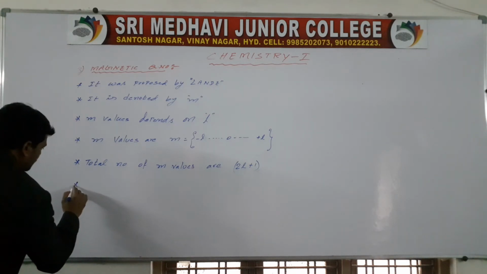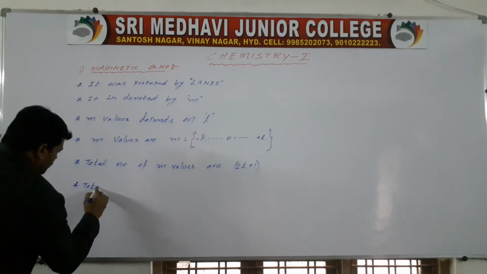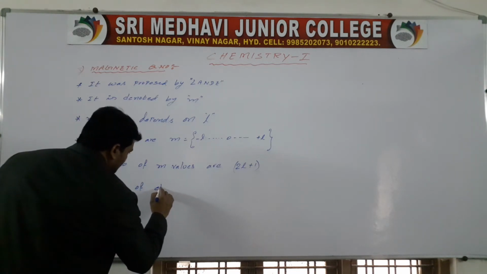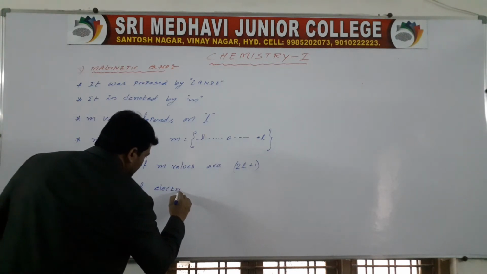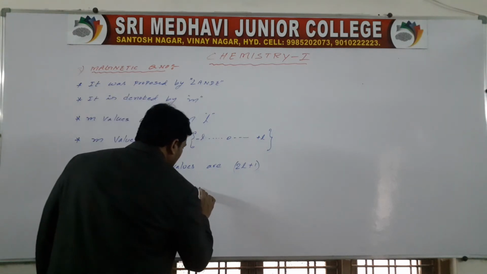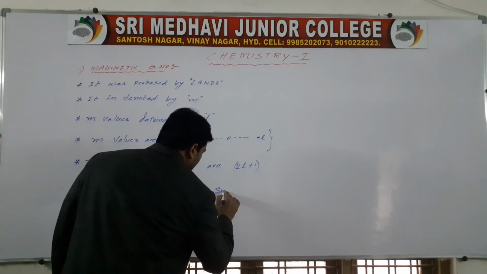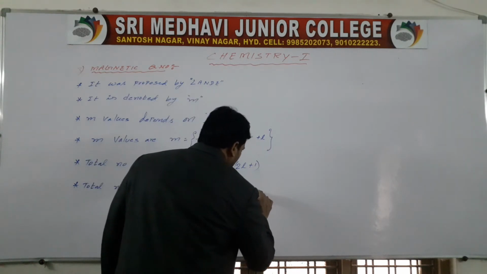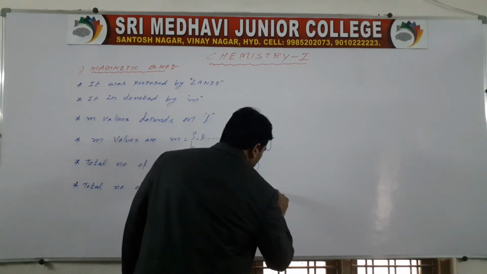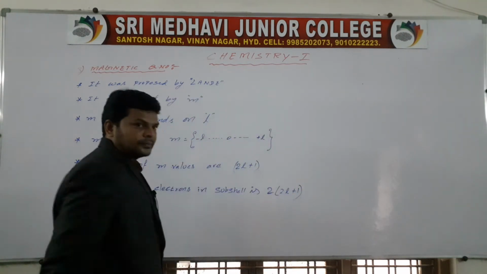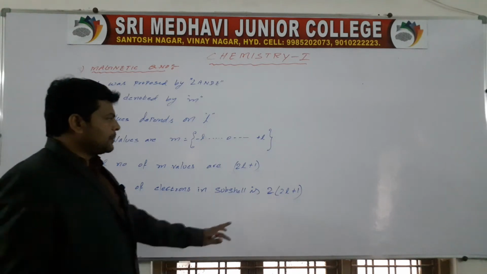Then you have to know the total number of electrons in a subshell is 2 into 2L plus 1.